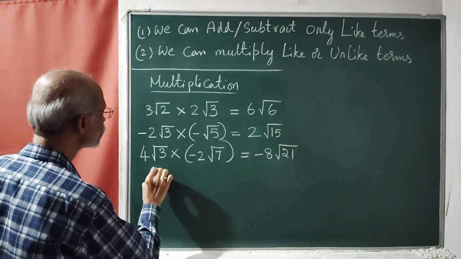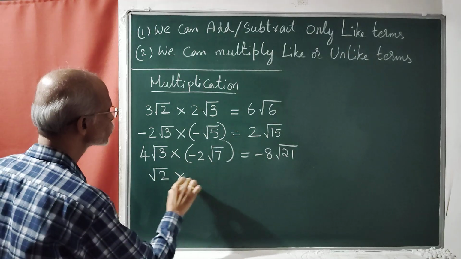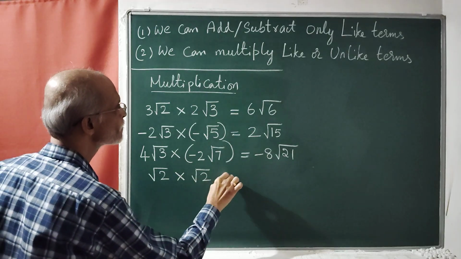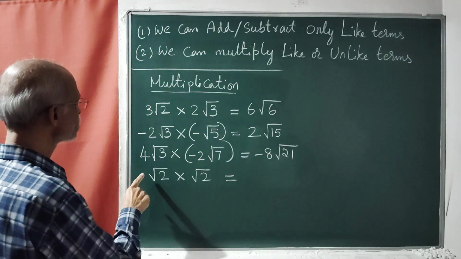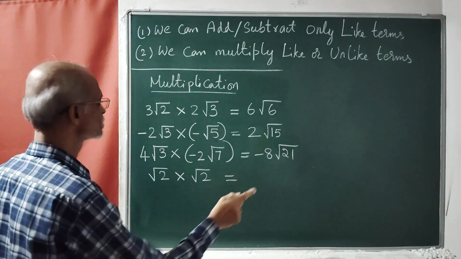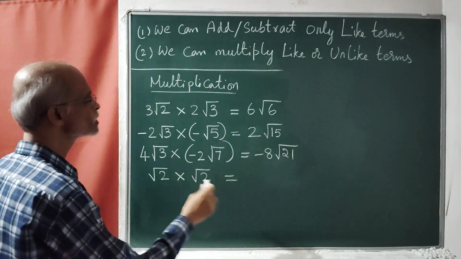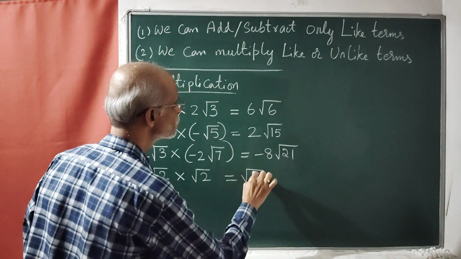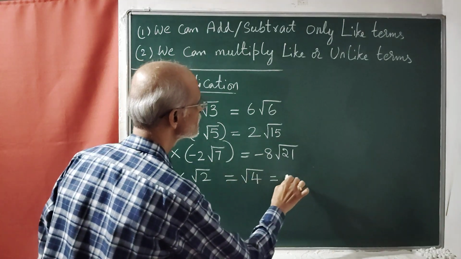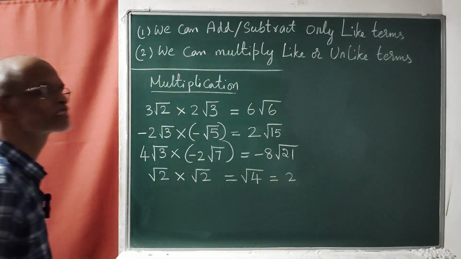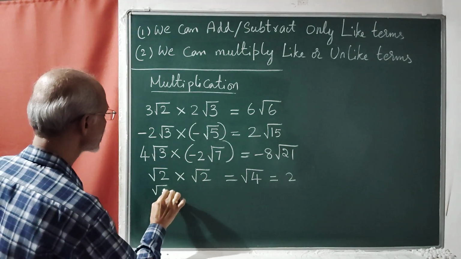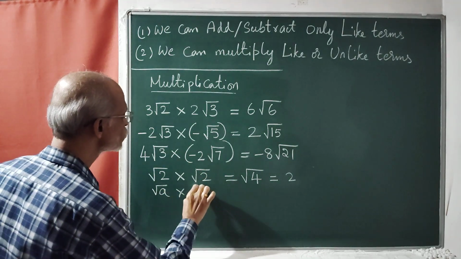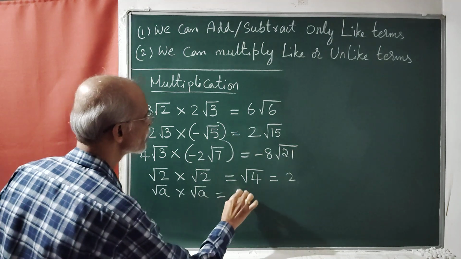Now, root 2 into root 2. 1 ones are 1. Root 2 into root 2 is root 4. Root 4 is nothing but 2. Just remember for this, root a into root a is equal to a.